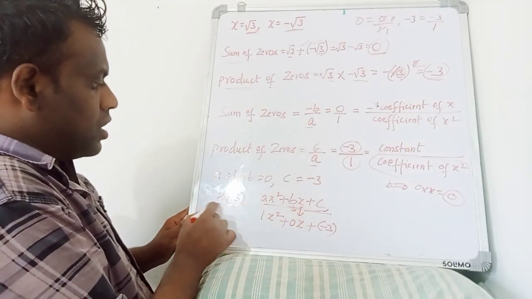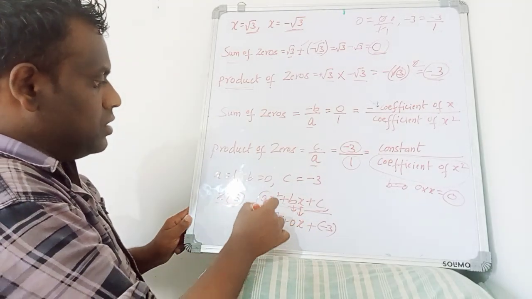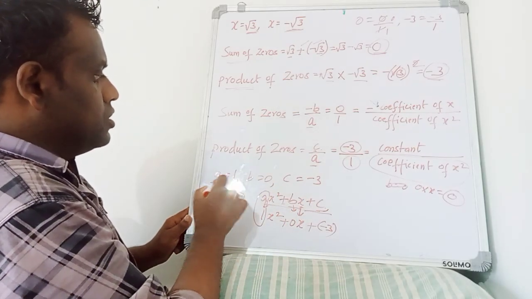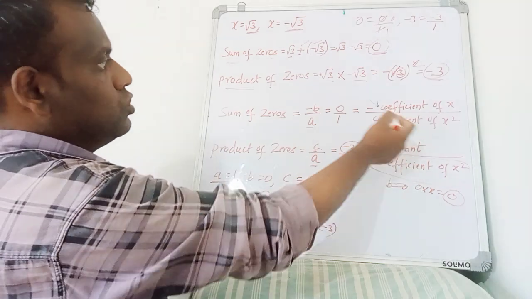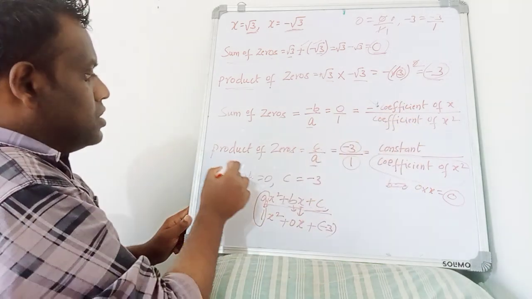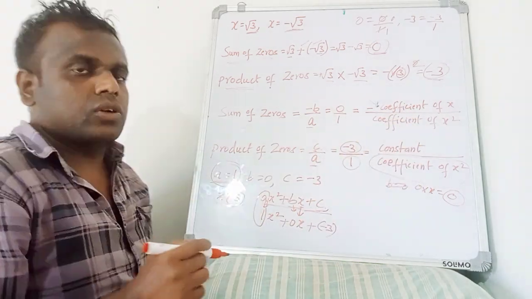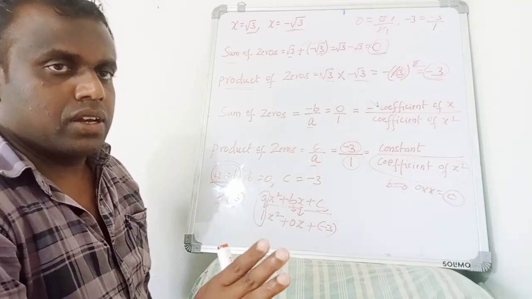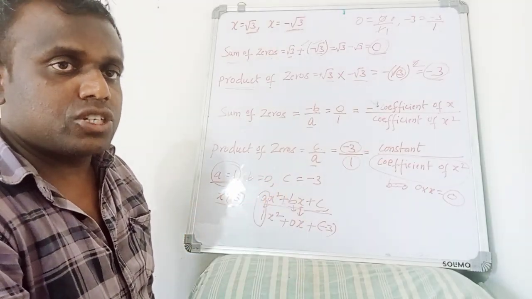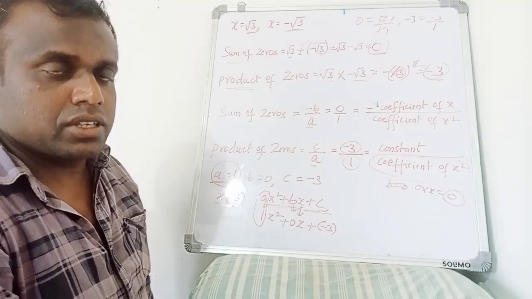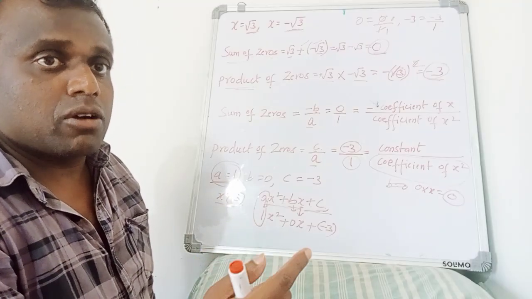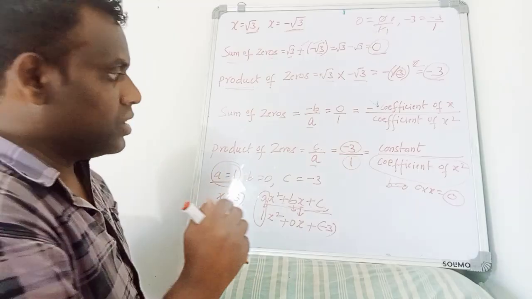Now according to the given polynomial, a is equal to 1. A is equal to 1 we got, using this formula. The question is what? Find the zeros. We got it. Next, we have to verify the relationship between the zeros and coefficients. That means we have to identify whether x values are correct or not by comparing with the coefficients.